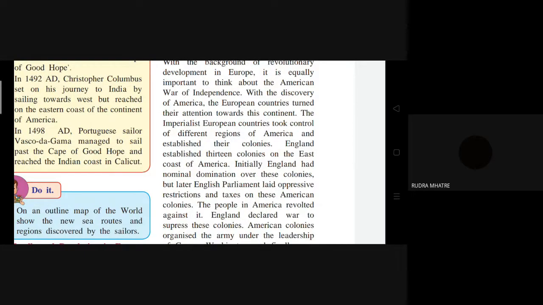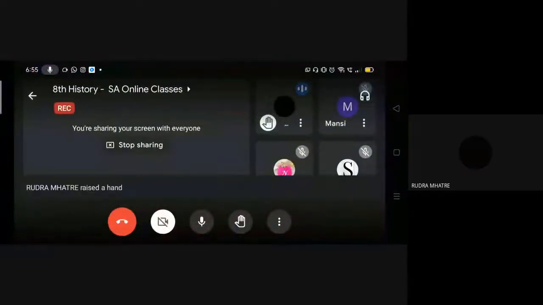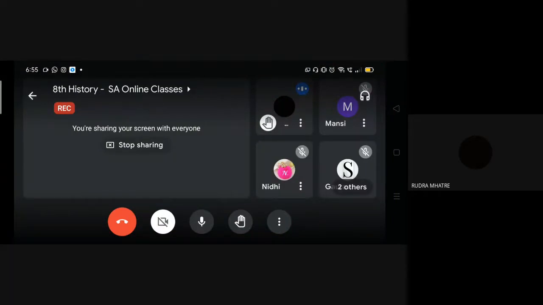England laid oppressive restrictions and taxes on these colonies, which created discontent, and the people revolted. George Washington led the American army in the war against England. The colonies won the war, and a new nation known as the United States of America was born. It had a federal government, a written constitution, and was based on the principle of democracy.